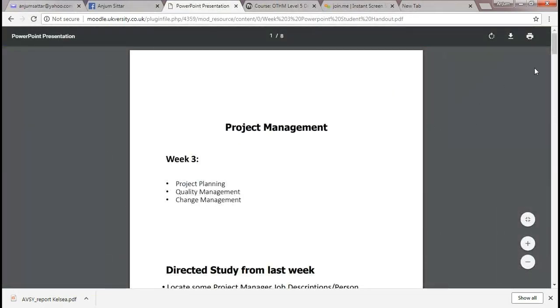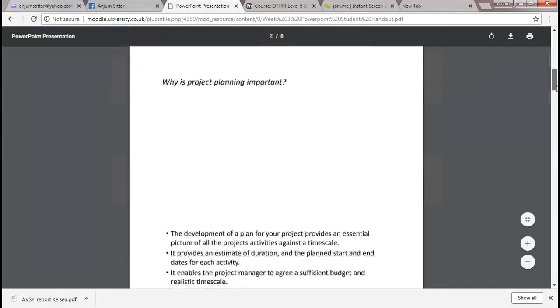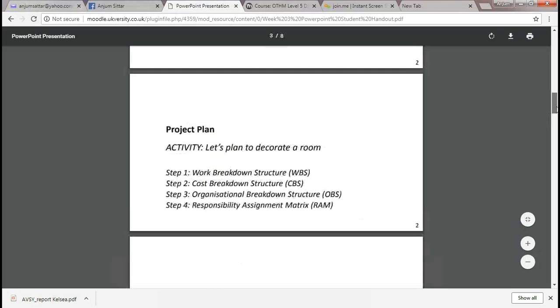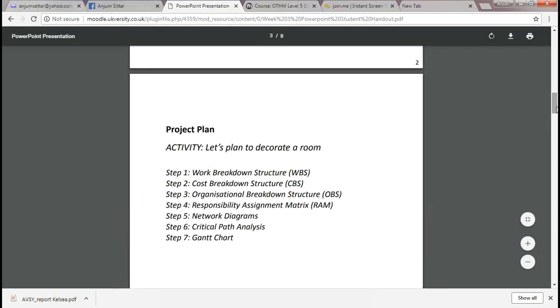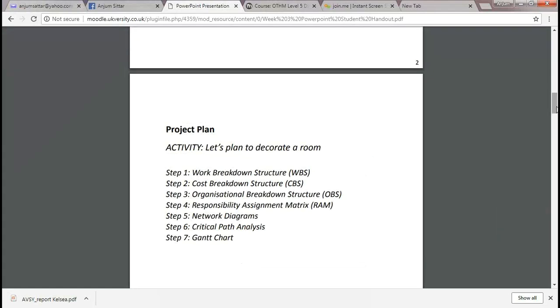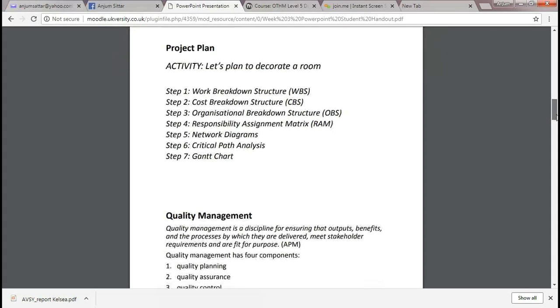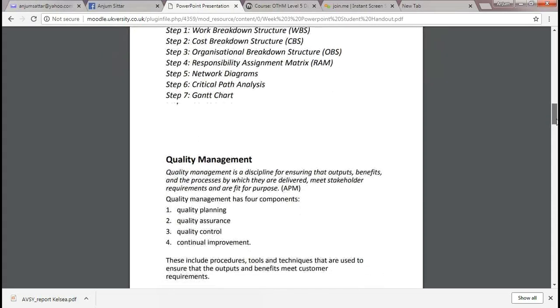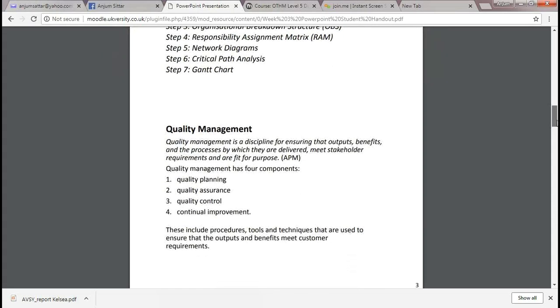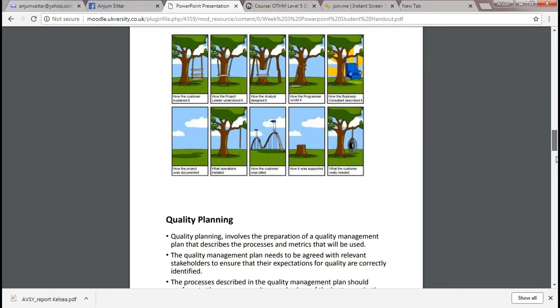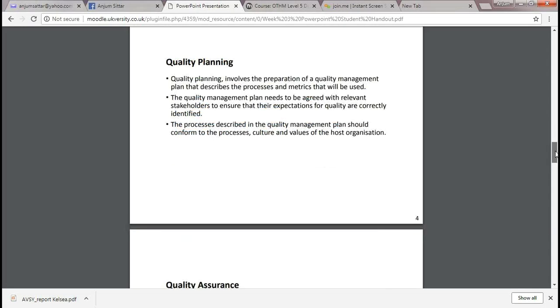You will see there is project planning, quality management, and change management, and what project planning development as the plan means. These approaches: step 1, step 2, step 3. When we are discussing the project, we can discuss all these setups. We can pick some models and add some examples as well. Quality management, quality planning: what is meant by that?